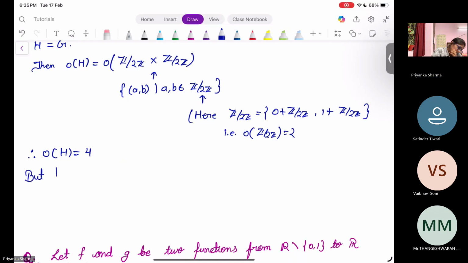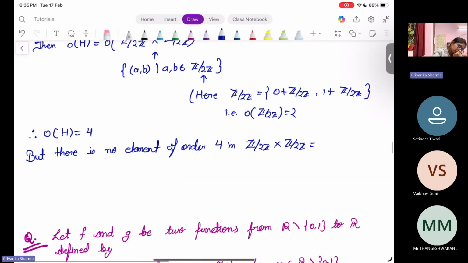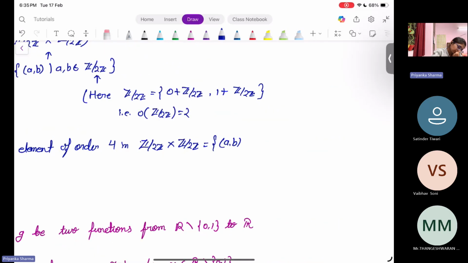But there is no element of order 4 in Z over 2Z cross Z over 2Z. Why? Because this group is a collection of tuples (A, B) such that A and B belong to Z over 2Z.